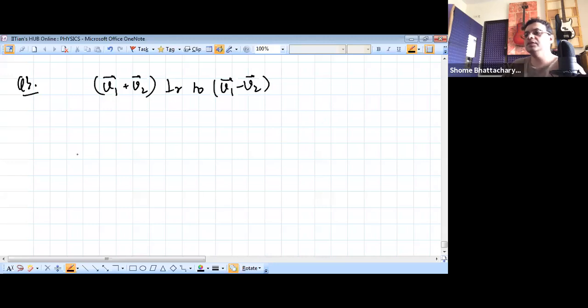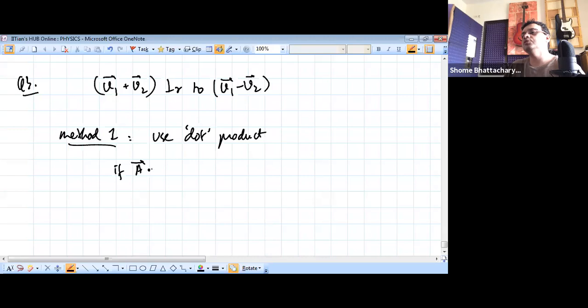So one way is that we can understand it like this, that we use the dot product. That is, if E is perpendicular to B, it implies that E dot B is equal to 0.